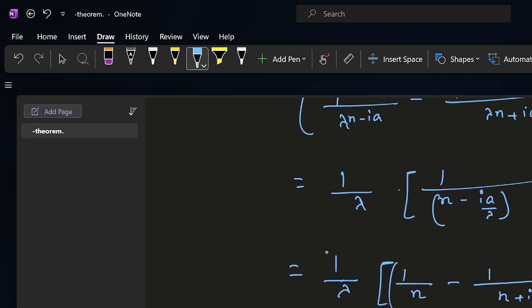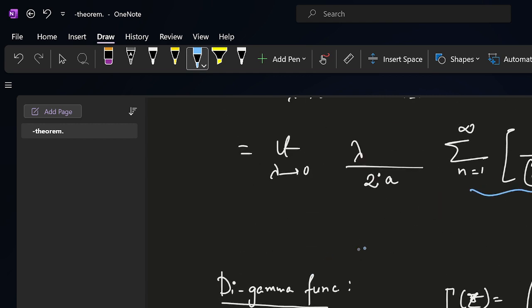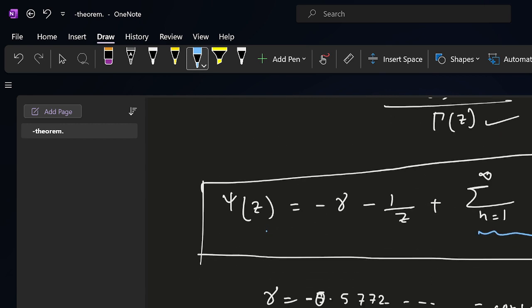So after doing that, we can now proceed with the total form, that it was lambda by 2ia into this thing, right?